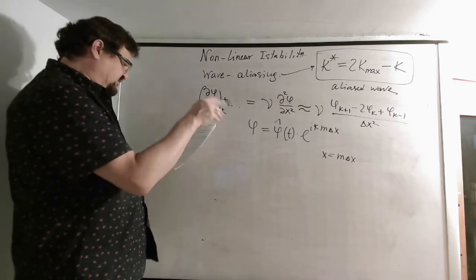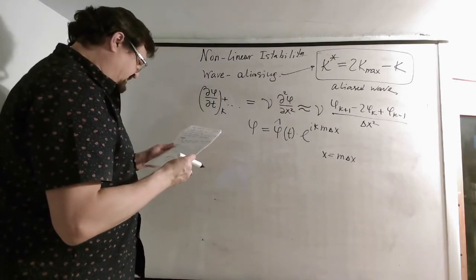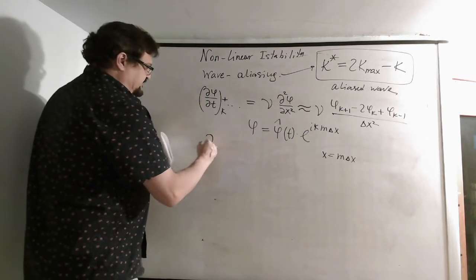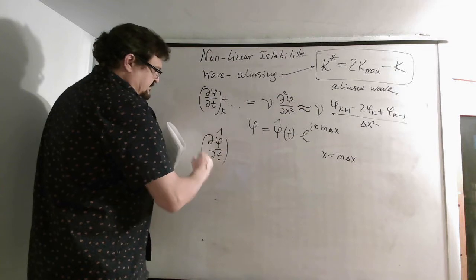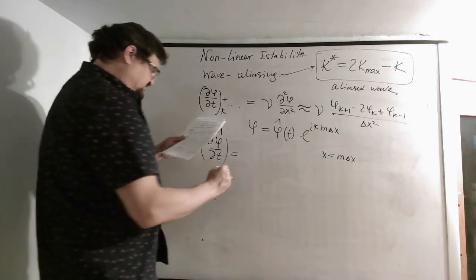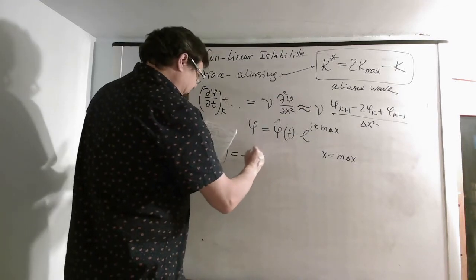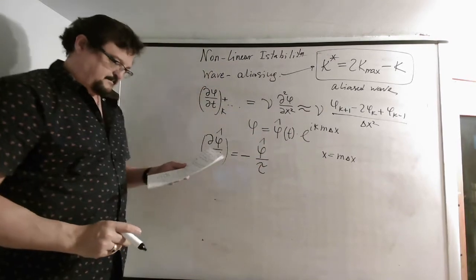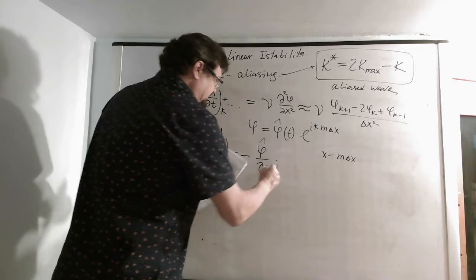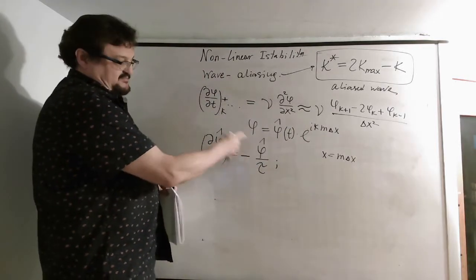So if you substitute and do some math, you will get the following equation: d amplitude dt equals minus amplitude divided by tau, where tau is... this looks like a decay equation, remember?